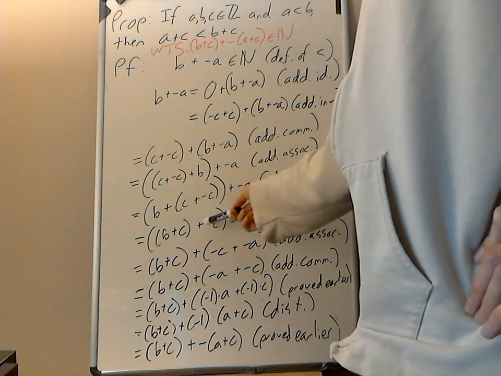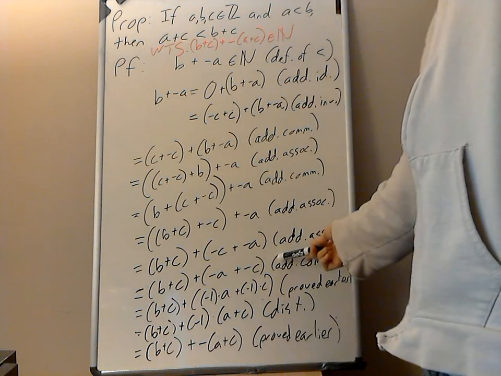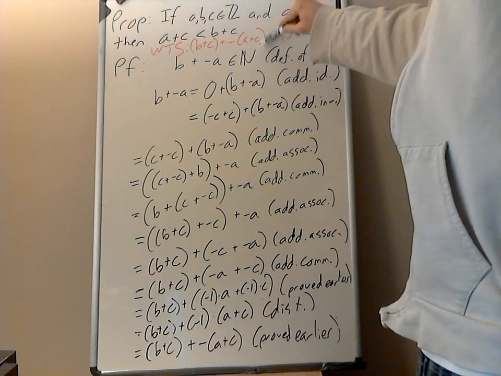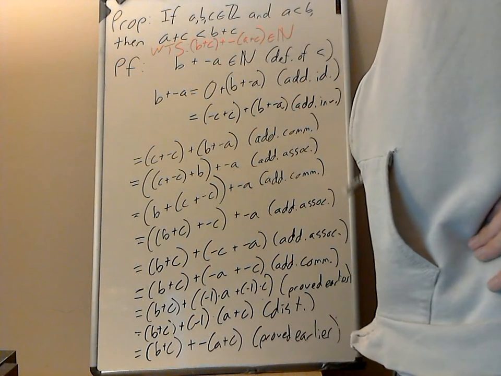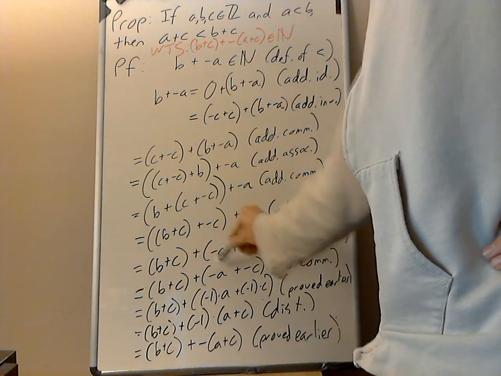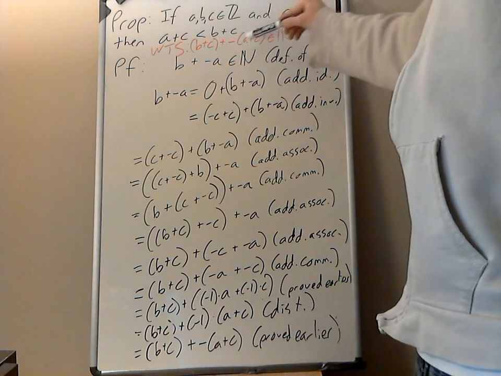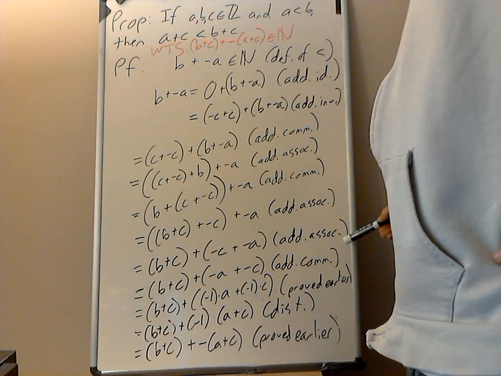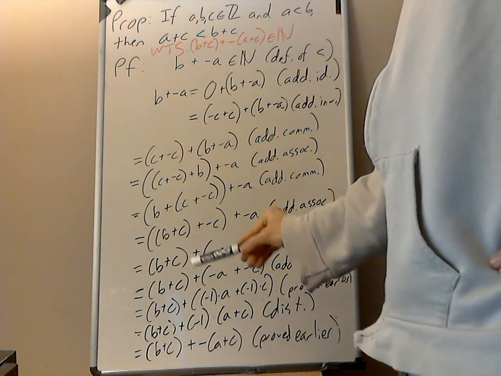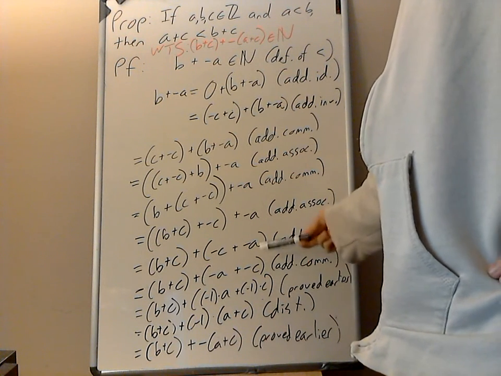Next, we will group negative c together with negative a by associativity, again, because we want these two terms together on the right. Then we flip the negative a and the negative c by additive commutativity, because we want the a to the left of the c. So now we have b plus c plus negative a plus negative c.